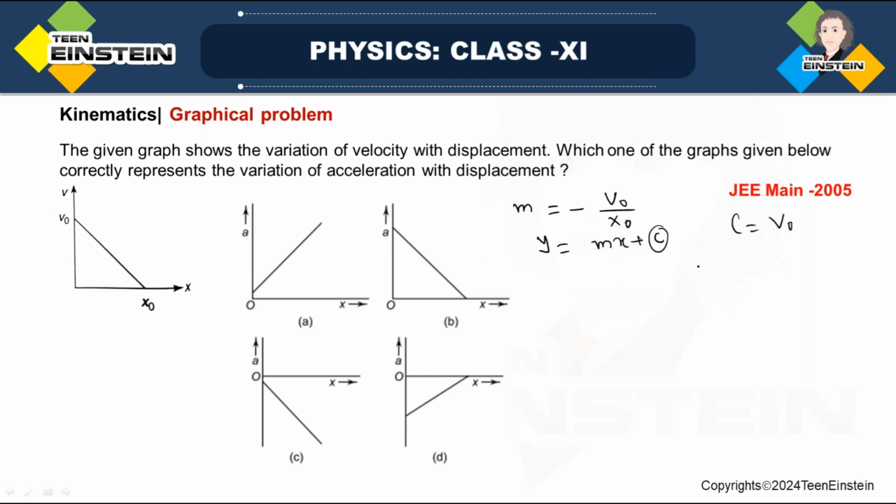Okay, for this curve. Now this means v is equal to minus v0 by x0 x plus v0. So this is the equation for this particular curve, velocity with distance. Okay, there should be some x also here.